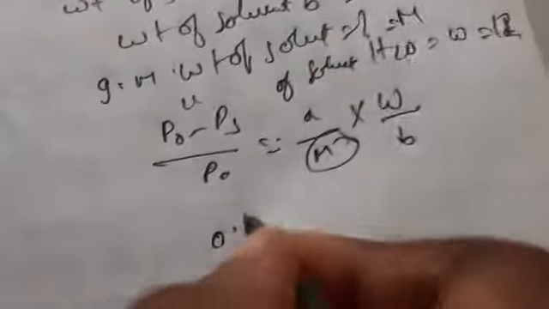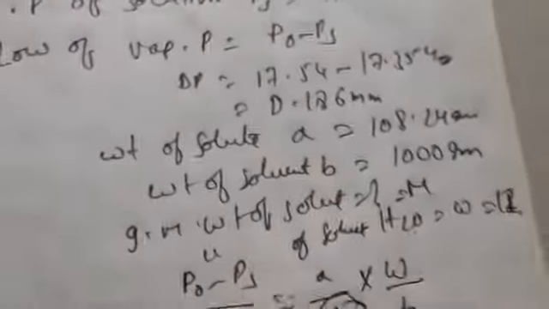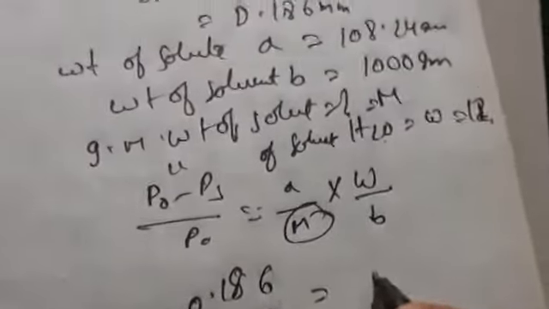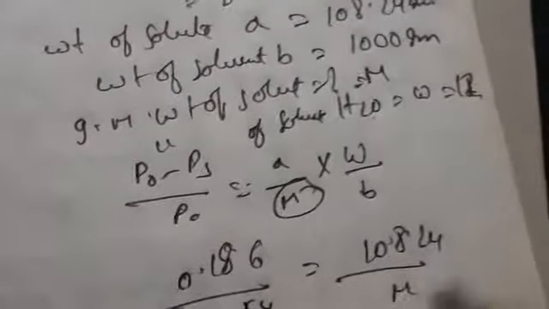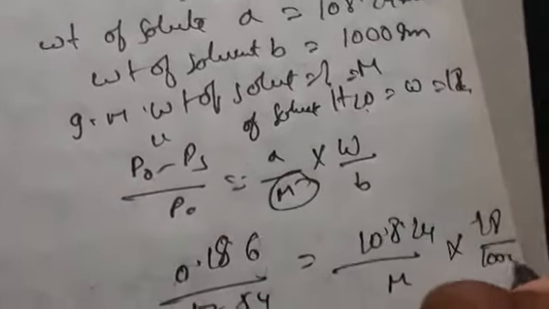So P naught minus PS, how much have we got? 0.186. What is the P naught value again? 17.54 is equal to 108.24 by M into 18 by 1000.